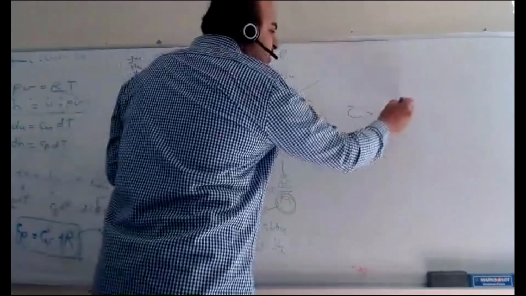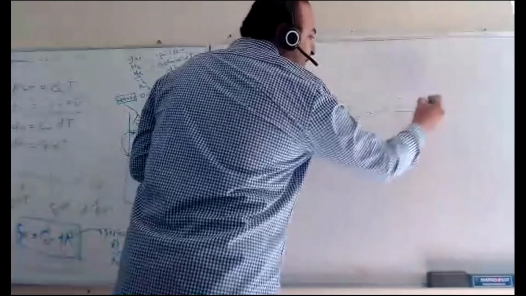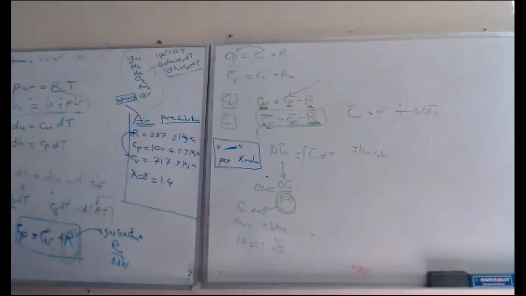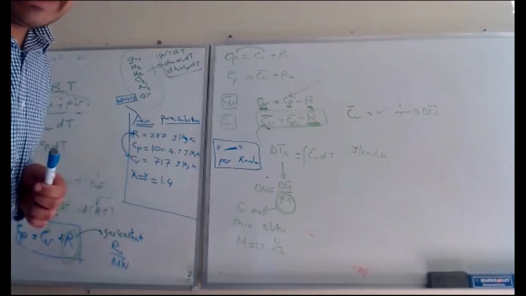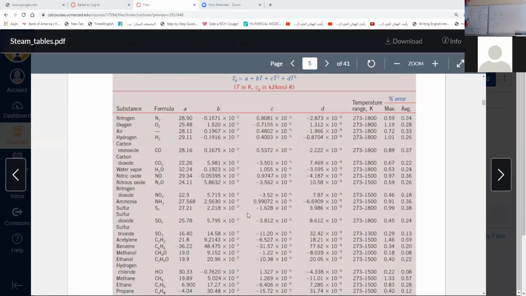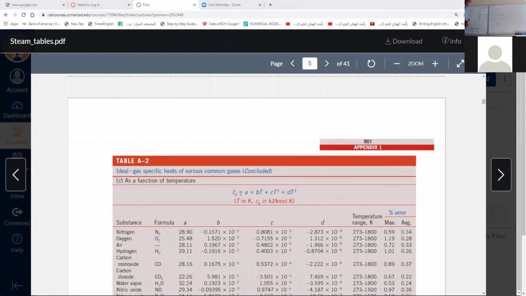Then continue your calculation until you get delta U bar. But I want delta U divided by molecular weight. Got it? So this table was given Cp bar. I don't want Cp bar. I want Cv, or at least in the beginning Cv bar. So from this Cp bar, subtract R universal, 8314 joule per kilomole Kelvin, a constant number. You get Cv bar. Continue with this Cv bar.